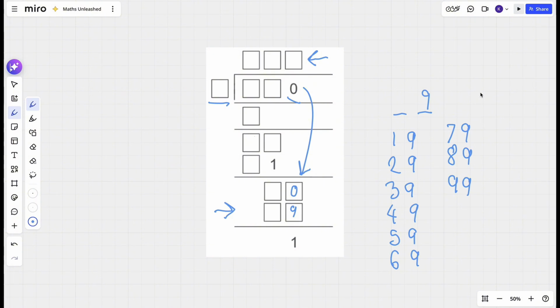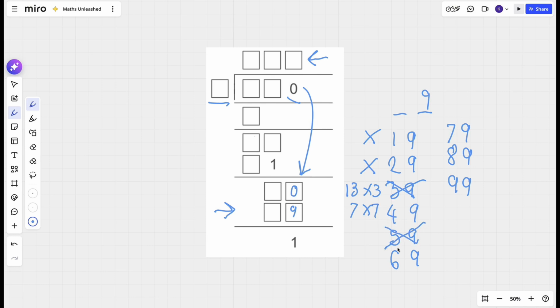We know that one of them has to be the product of 2 digits, the last digit of the quotient and the divisor. 19 is prime, so it can't be 19. 29 is also prime. 39 can only be made by multiplying 13 and 3. However, 13 isn't a digit, so it can't be the divisor or the last digit of the quotient, so 39 doesn't work. 49 can be made from 7 times 7, so this would work.